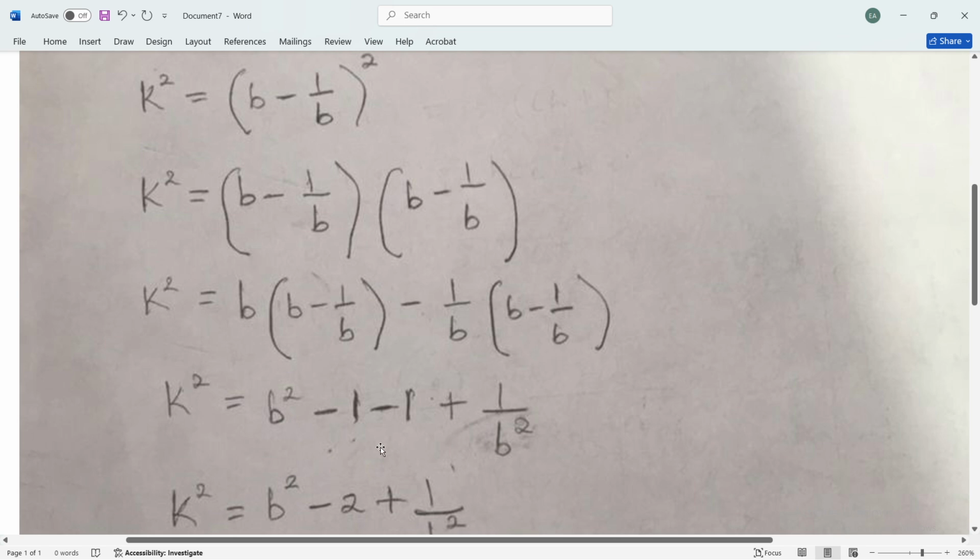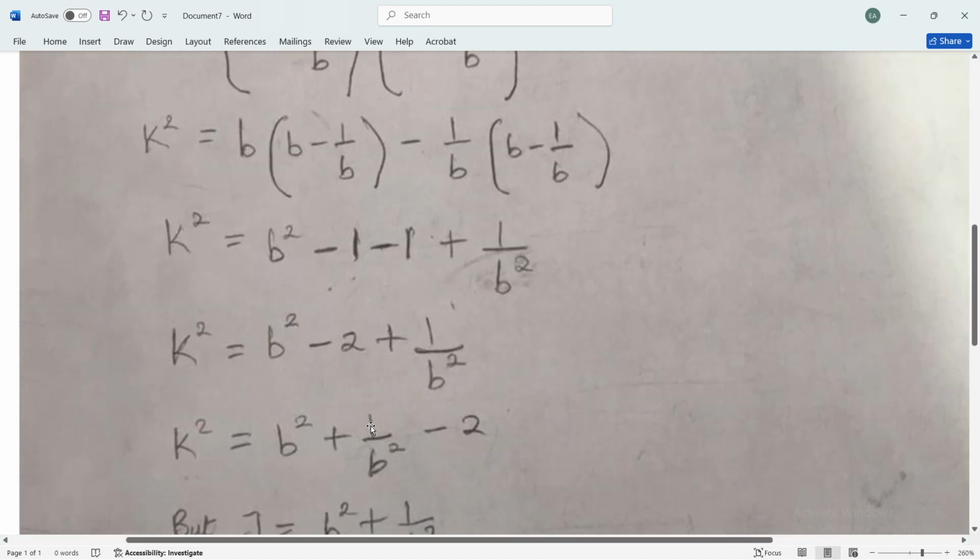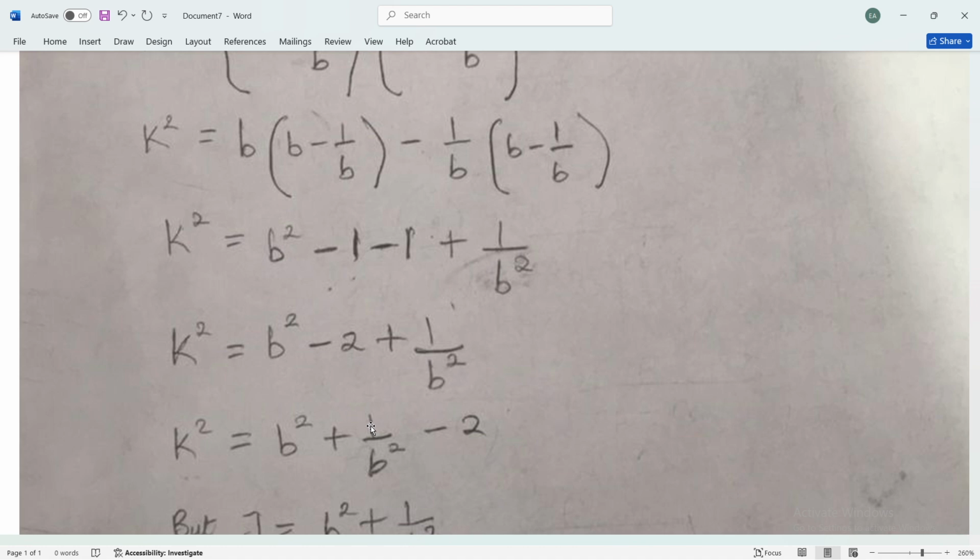So we arrange them in order, right? So we are going to have k squared equals b squared plus the fraction 1 over b squared minus 2.